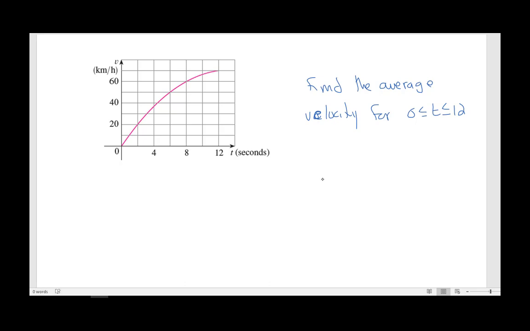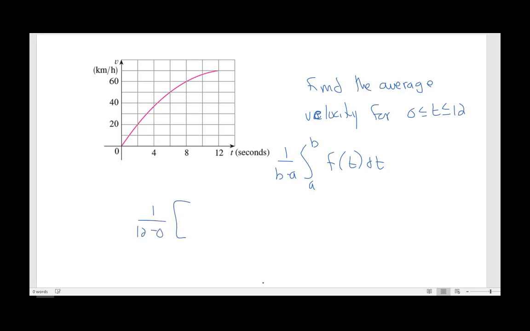So if we're using our average velocity formula, right, we're looking at 1 over b minus a times the integral from a to b of f of x dx. Now in this case, we technically have f of t dt, right? Our domain is t. So for the first 12 seconds, I'm going to have 1 over 12 minus 0.